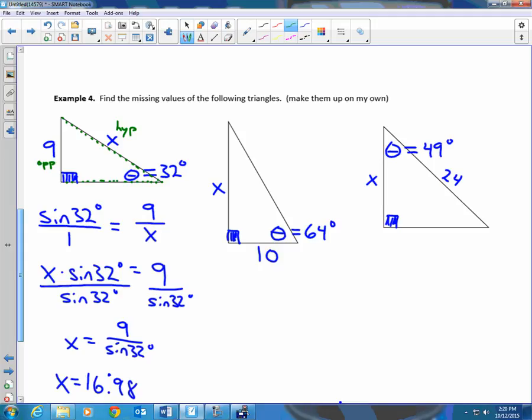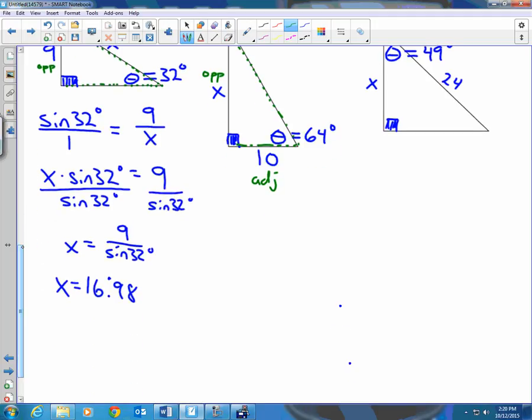Again, I will outline my angle right here. What side is 10? Opposite, adjacent, or hypotenuse? Adjacent. What side is x? Opposite. Which of the 3 trigonometric ratios has to do with opposite and adjacent?